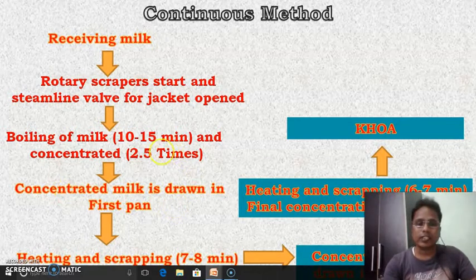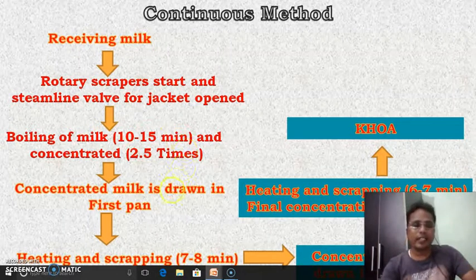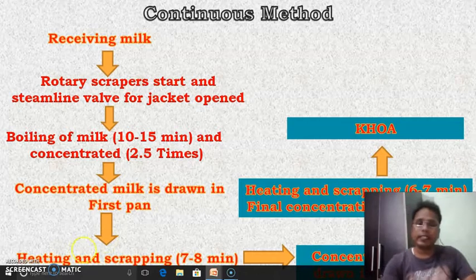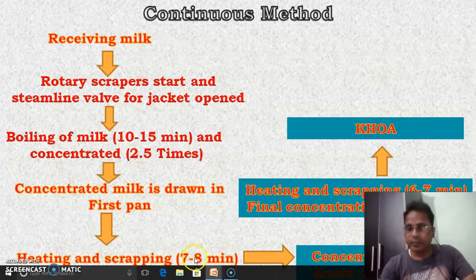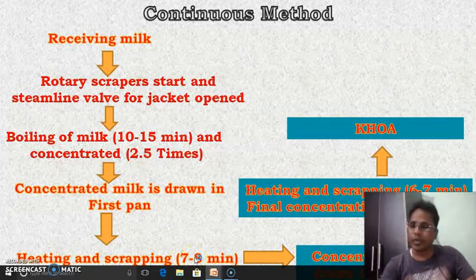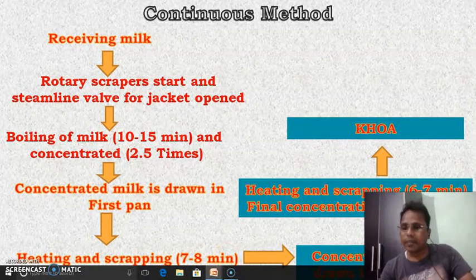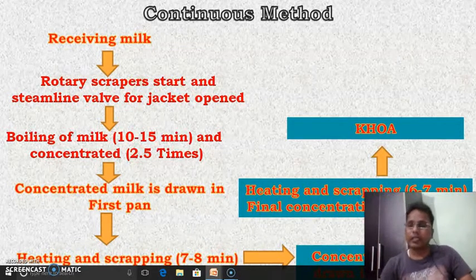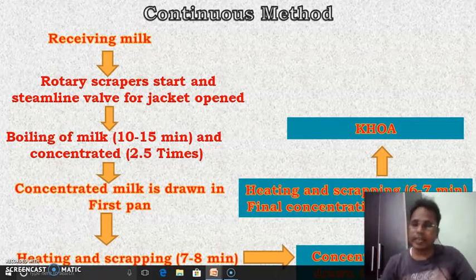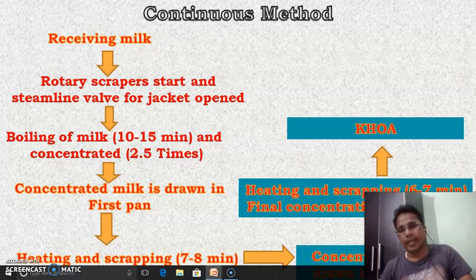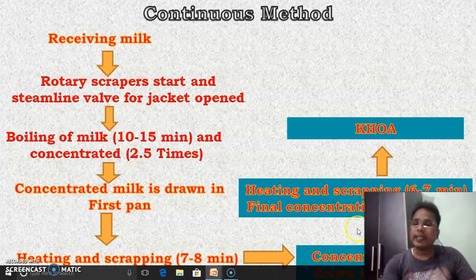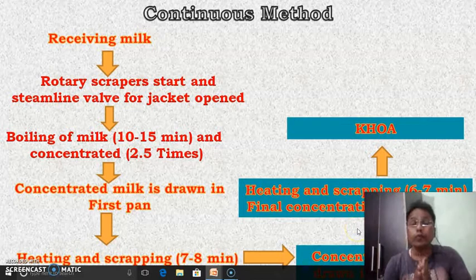After this concentration, that is the 2.5 times, this milk is taken in the first pan, and there it is heated and scraped for 7 to 8 minutes. After this, the concentrated milk is drawn in the second pan, where the milk is again heated and scraped for 6 to 7 more minutes, and it is concentrated to 4 to 5 times.